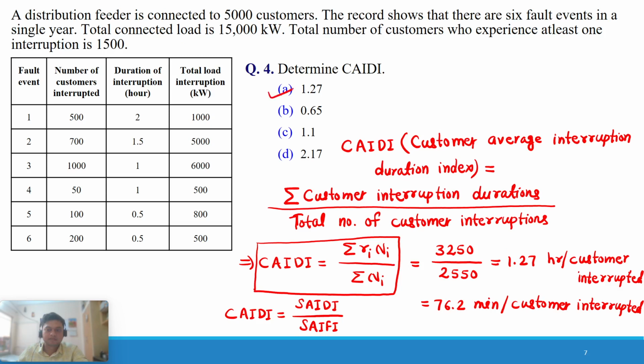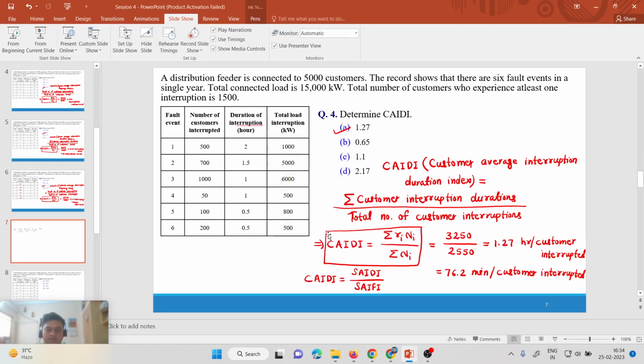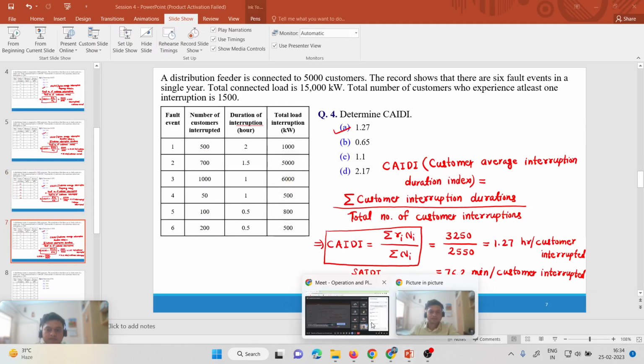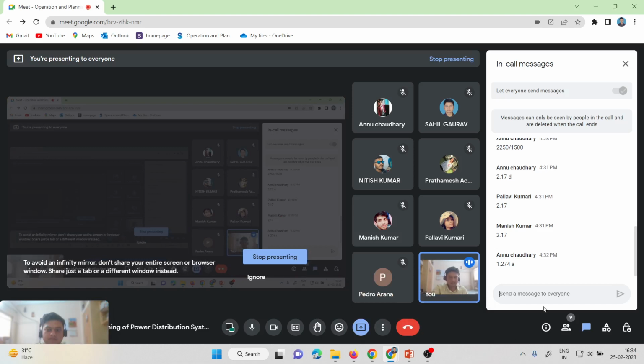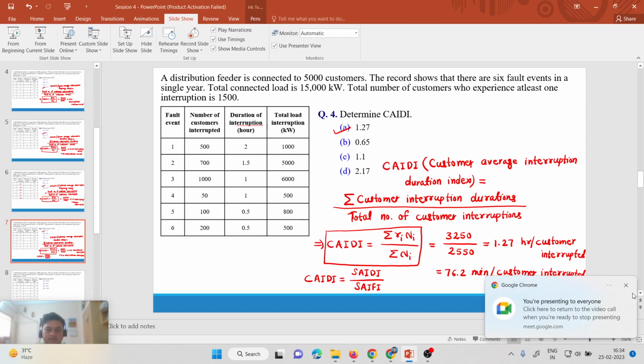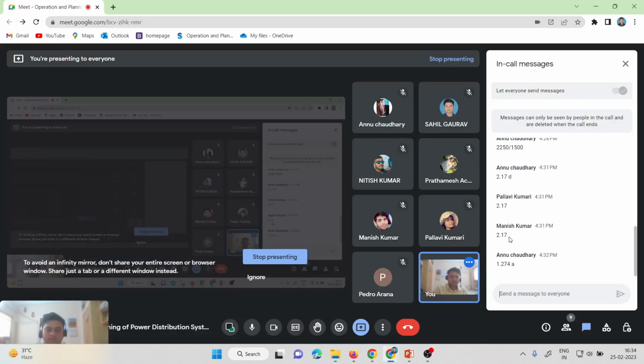So correct answer is A. Yes, correct, 1.27. Manish and Palvi, your answer is wrong. 1.27 is the correct answer.